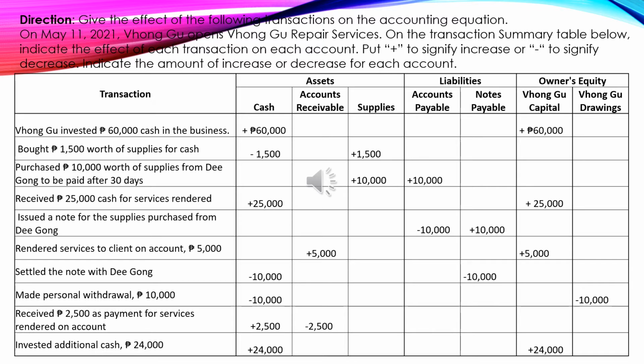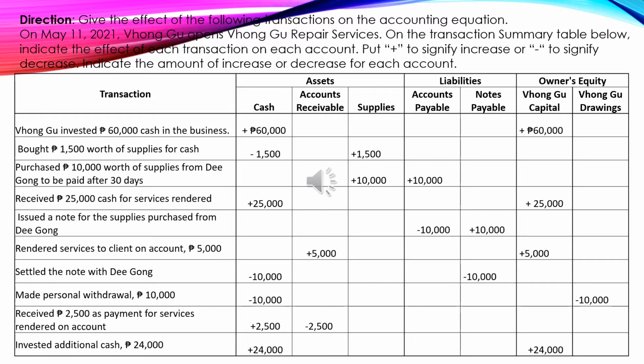Next, receive 25,000 cash for services rendered. So services rendered was paid immediately by 25,000 cash. So cash increased by 25,000. And of course, when services are rendered, that will be considered an income on the part of the business.